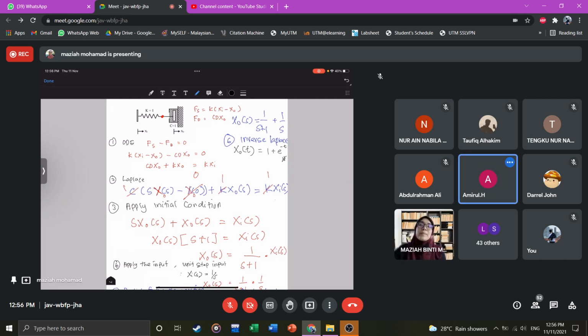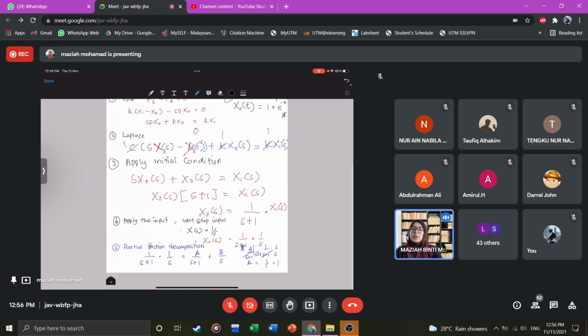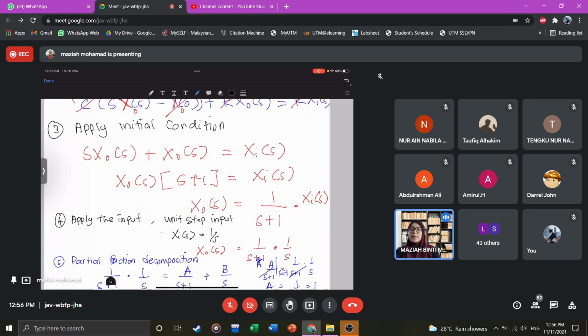Yes. Okay. And this equation is specific for unit step input because we already applied a unit step input. So if your system requires a different input, you need to redo from step number 4 here.